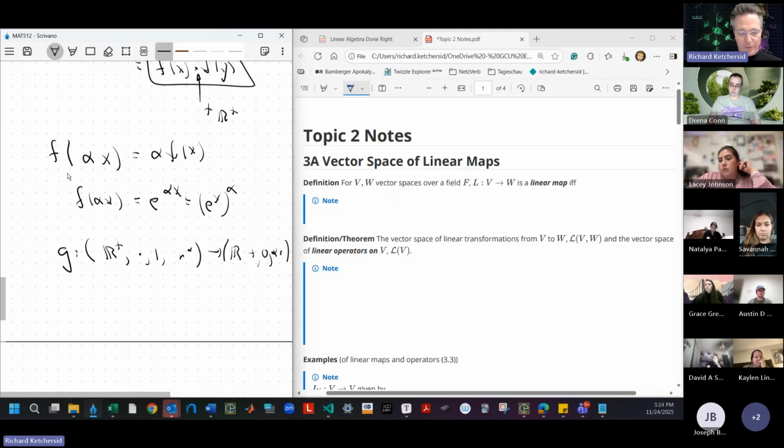What would be the inverse? Linear inverse map right here. Not hard to guess. The map is e to the x. What is the inverse of e to the x? Would it be natural log? It would be natural log. Yep.